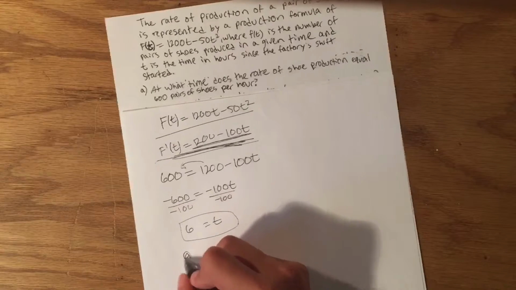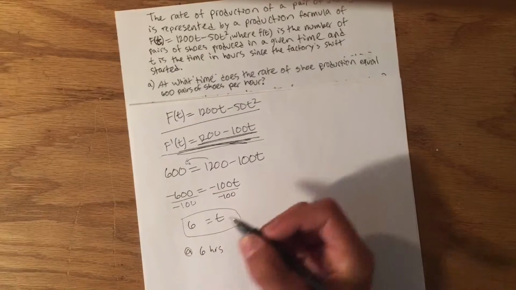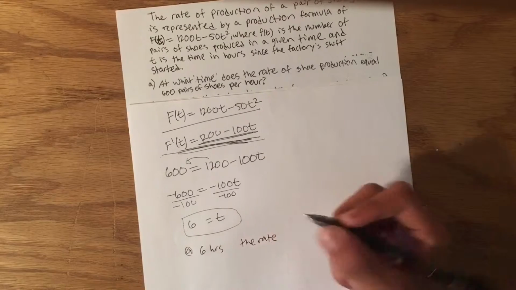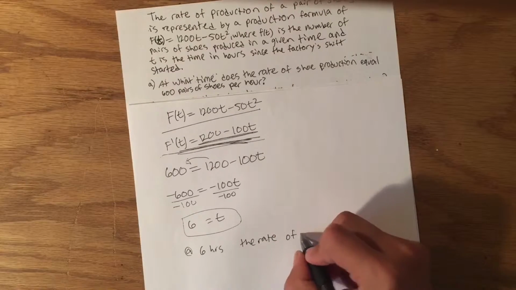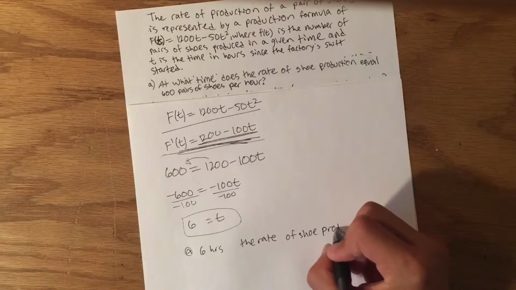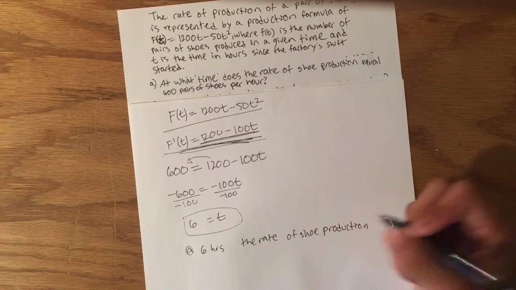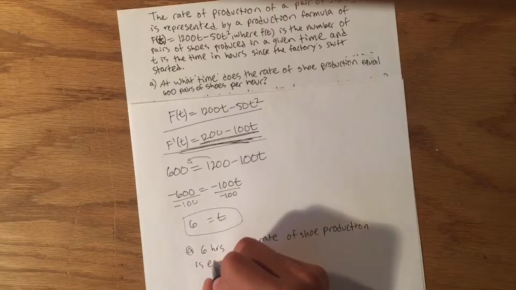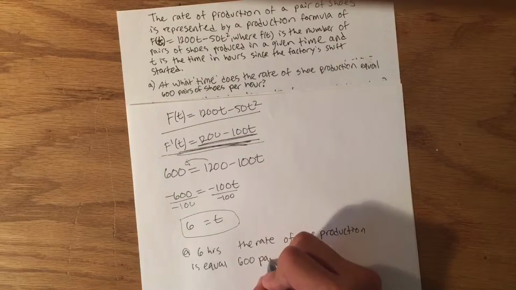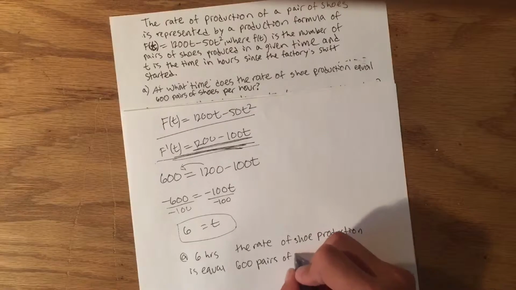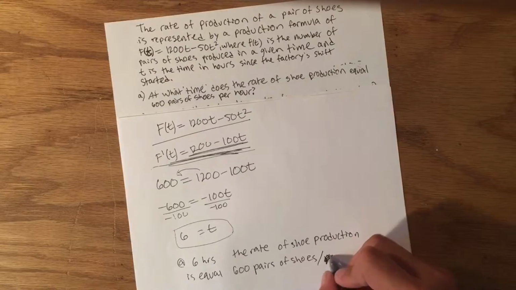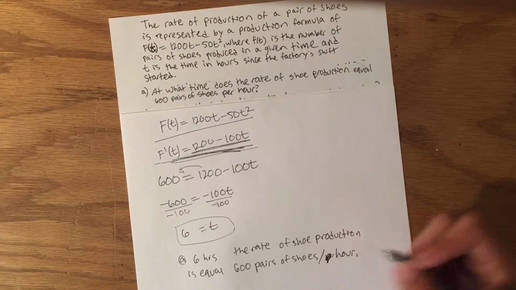So at 6 hours, the rate of shoe production is equal to 600 pairs of shoes per hour.